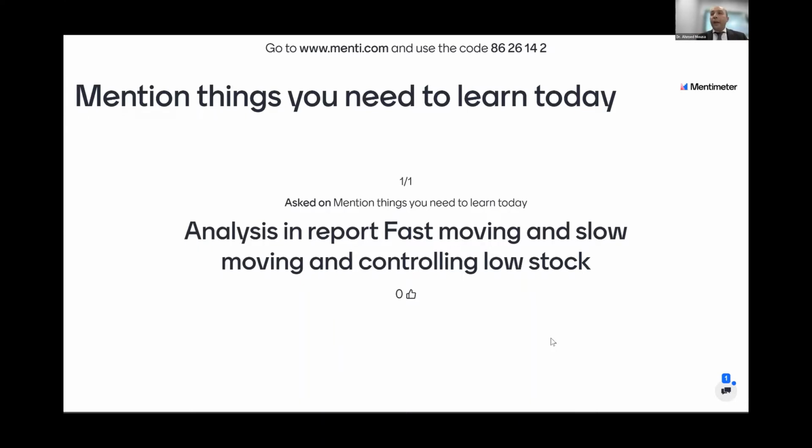In the next session, in the financial analysis, we will use some ratios. We will do some ratio analysis, and among these there is one ratio related to this. It's called productivity ratios or activity ratios. It will show us something called days in inventory, which calculates the number of days the inventory stays in the store.